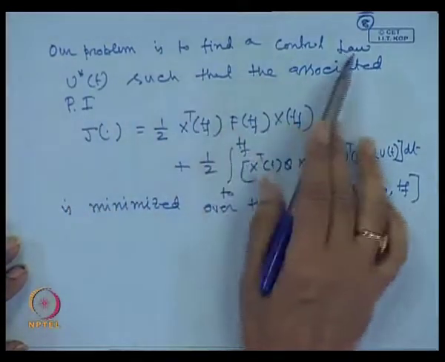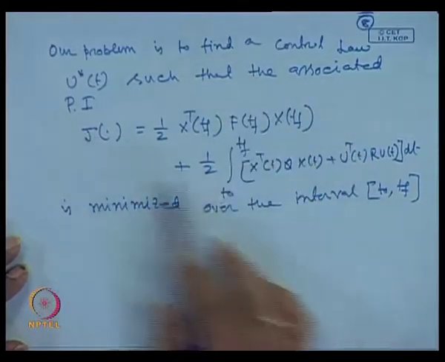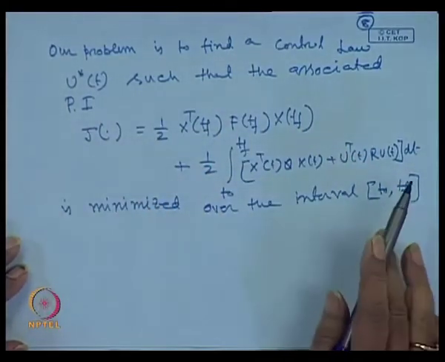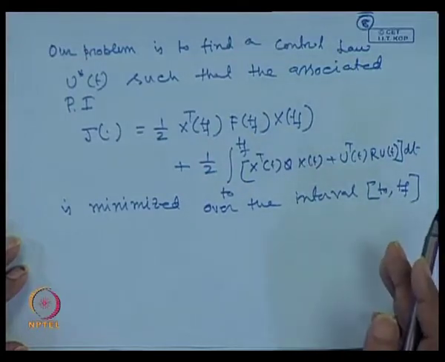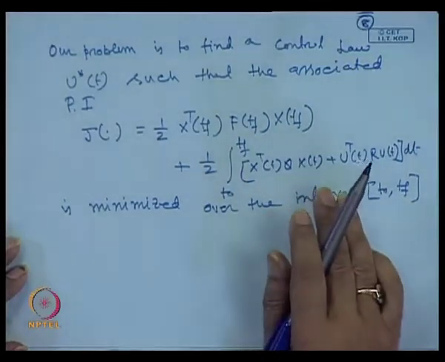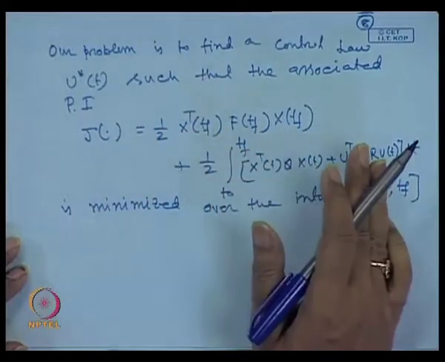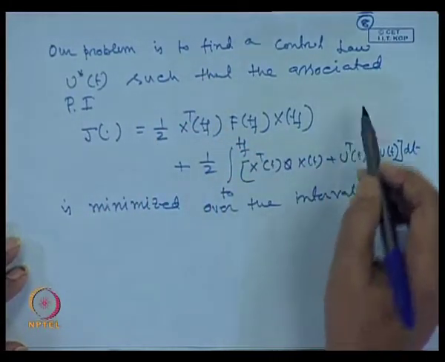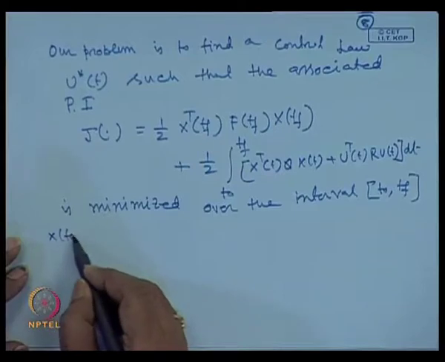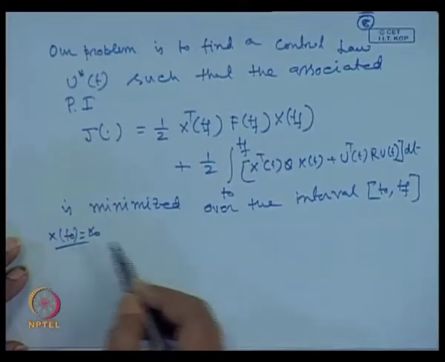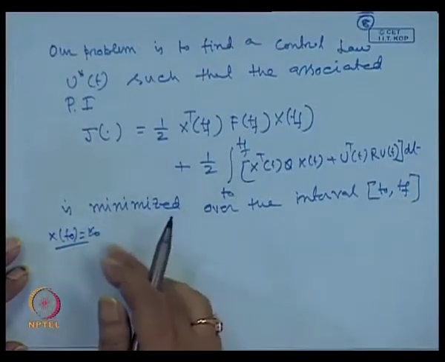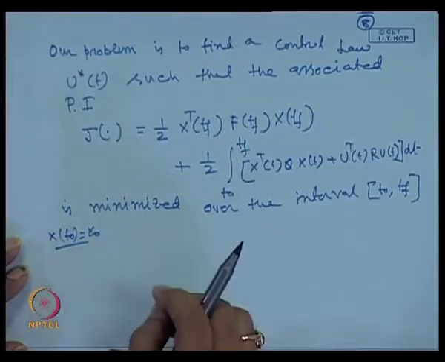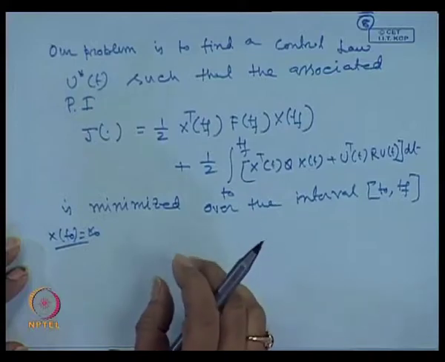So, our problem is to find a control law u such that the performance index is minimized, and the control law will drive the initial state x(t0) to the final state x(tf) near the origin, or near 0. So, that is our problem.